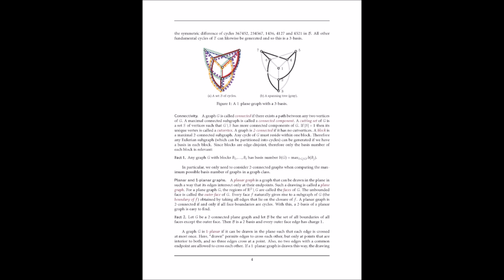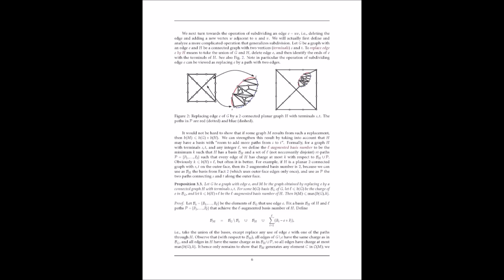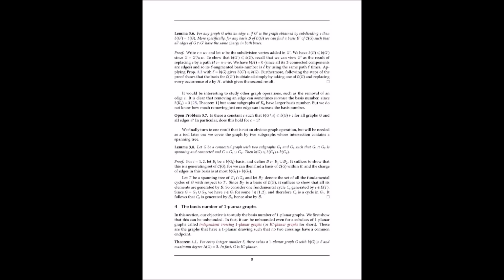Another type of one-planar graph that falls under this category is the optimal one-planar graph. Those are the ones with the maximum possible number of edges for a given number of vertices. Precisely. Like the most densely connected one-planar graphs you can get. And since they're a subset of locally maximal one-planar graphs, they inherit that connected skeleton property. Right. And therefore also have a basis number of at most 4.